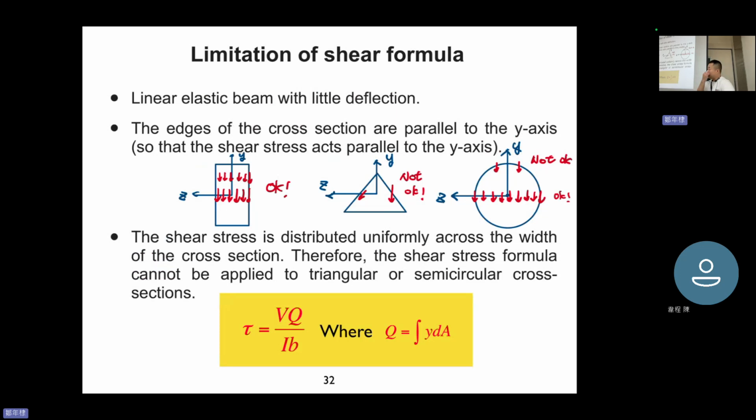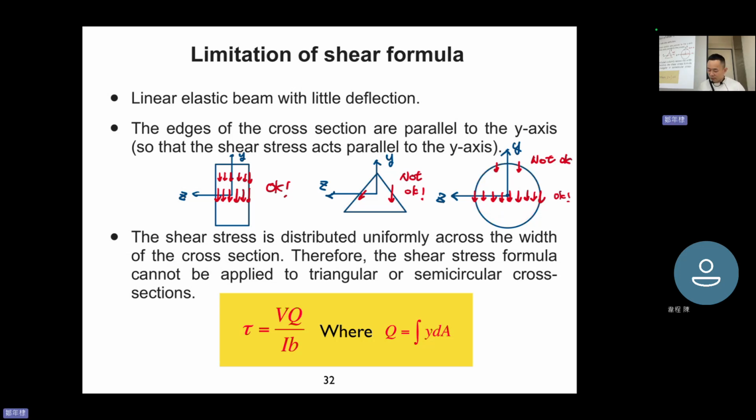Then we need to give you some limitation, because our proof is based on the section that we chose. We chose a rectangular section, so it won't fit a triangle shape or circle shape.